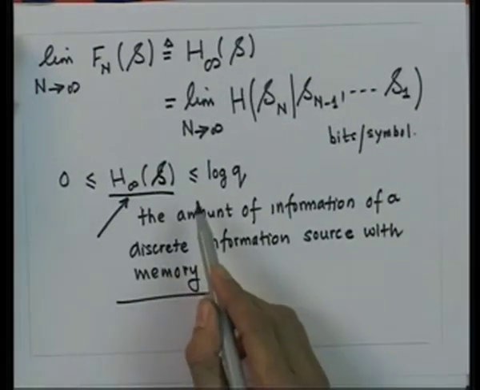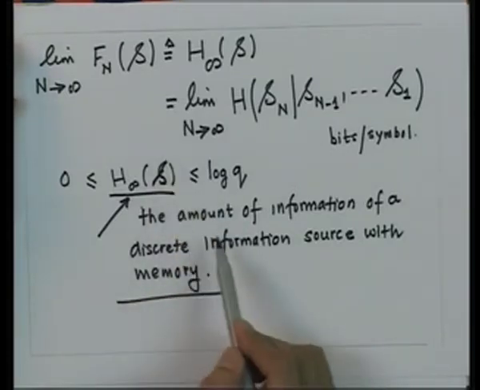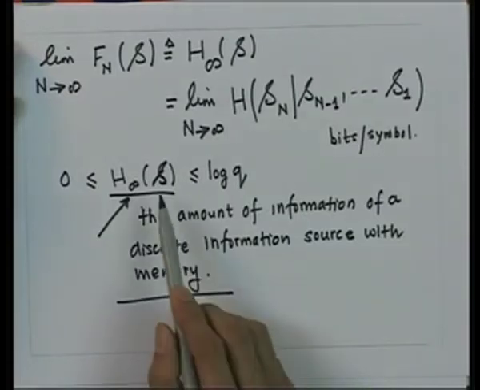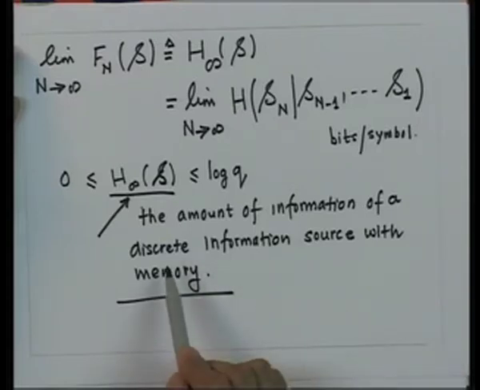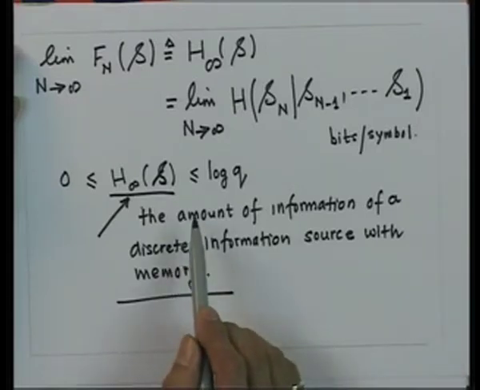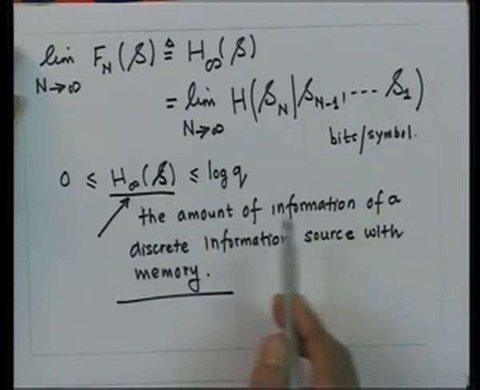So, now we have formally defined the information measure for a Markov source with memory. We have considered the value of k to be arbitrary. The k stands for the order of the Markov process.